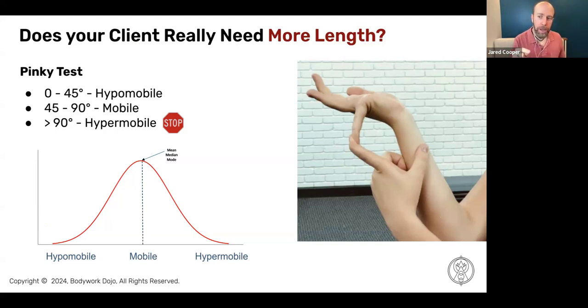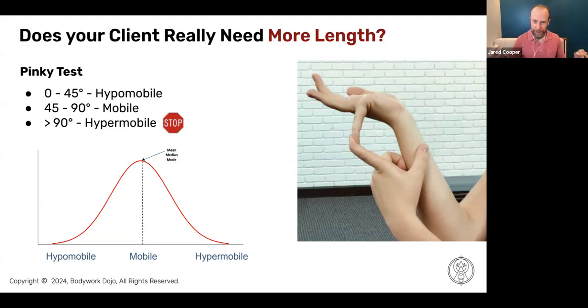If you have somebody who has hypermobility syndrome, like Ehlers-Danlos, or they are hypermobile in a region, like they dislocated their shoulder at one point and now their subscapularis or their infraspinatus is hypermobile, that tissue does not need length. That doesn't mean you can't work on it. It just means you shouldn't work on it in a maximally stretched position in an effort to make it longer if it's already too long.